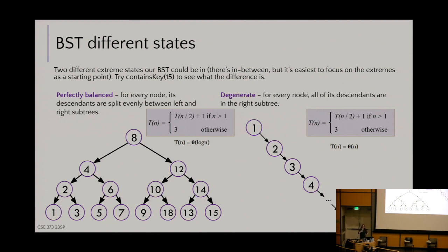So T of n over 2 gives us logarithmic time, but T of n minus 1, ignore this, imagine this says n minus 1 here, that actually, if you plug and chug it into our unrolling method or our tree method, and you close form all the summations, you actually end up with linear time. Because it's really not reducing my possibilities at each fence post as much as I would like it to.